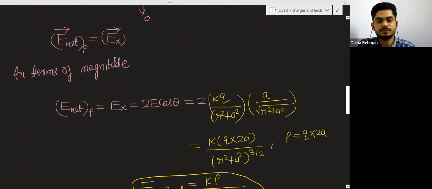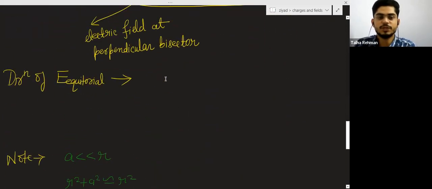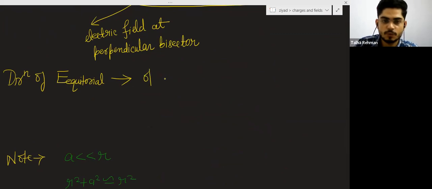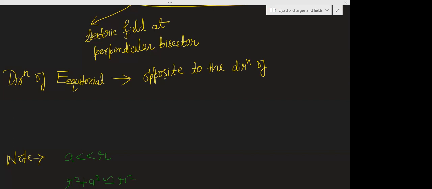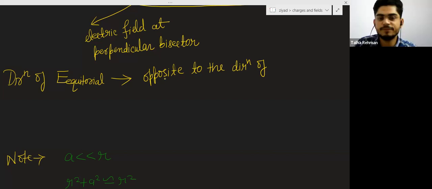So I am writing here that direction of E equatorial is opposite to the direction of electric dipole moment, or you can say electric dipole.